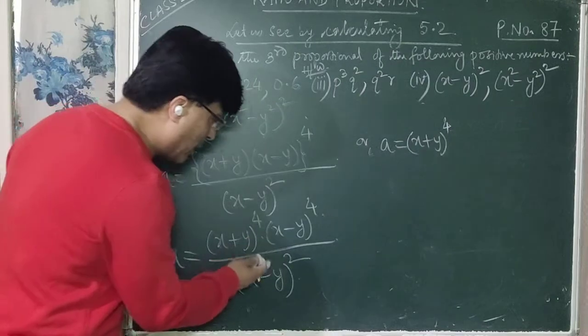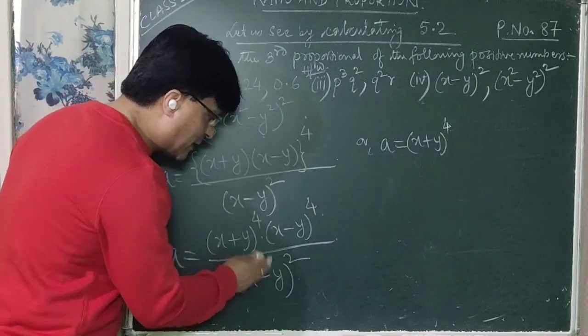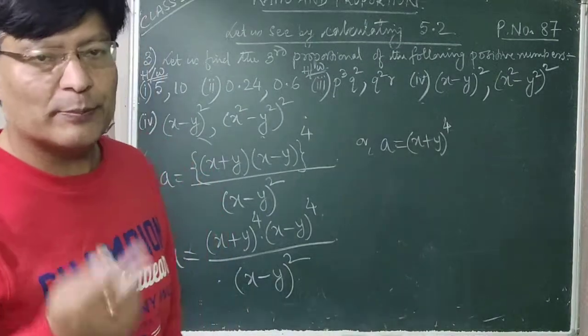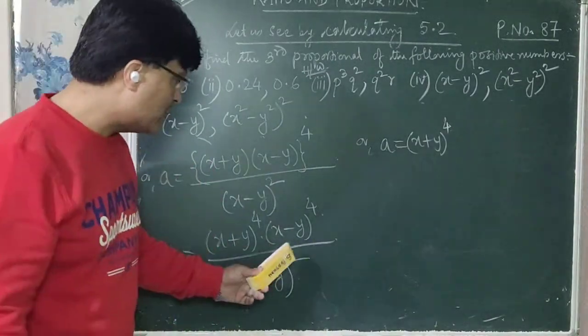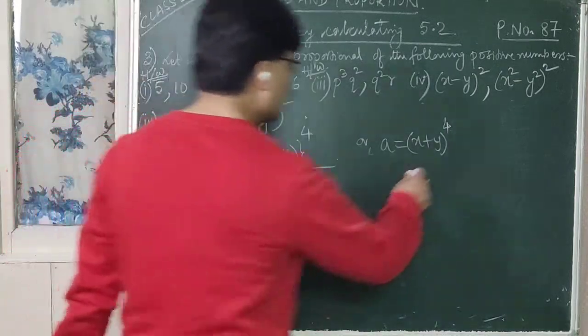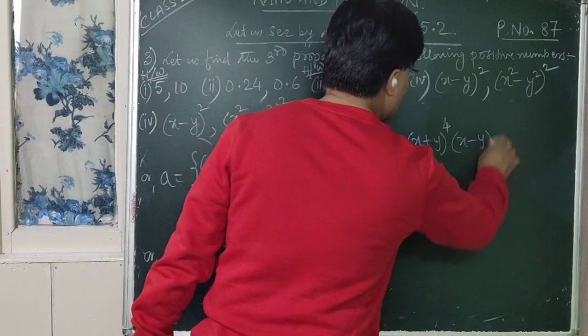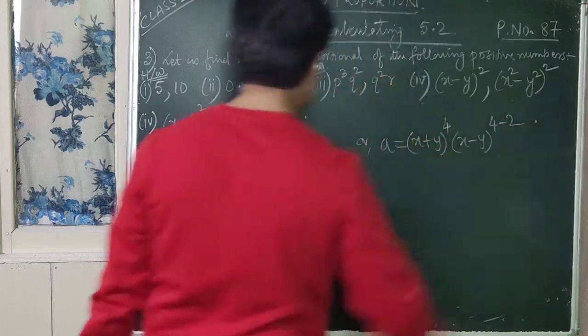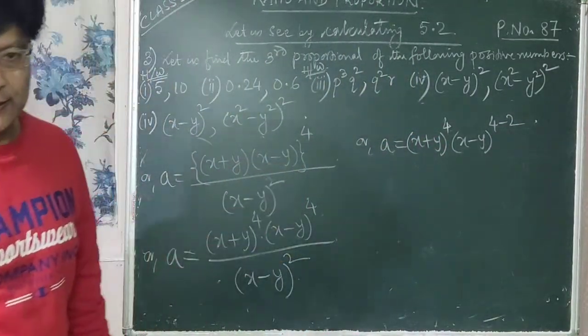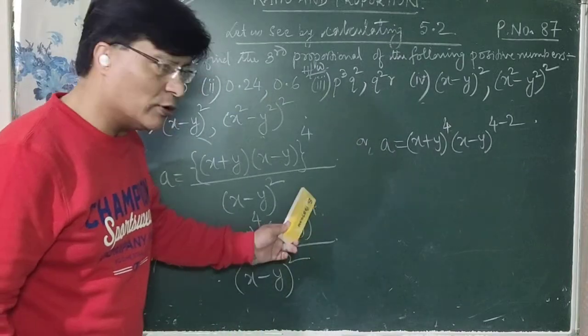So when this (x minus y) whole square goes up in the numerator, it becomes whole to the power minus 2. And you can simplify it with (x minus y) whole to the power 4. So what does it become? (x minus y) whole to the power 4 minus 2. That is, the powers will be subtracted. That is, (x minus y) whole to the power 4.